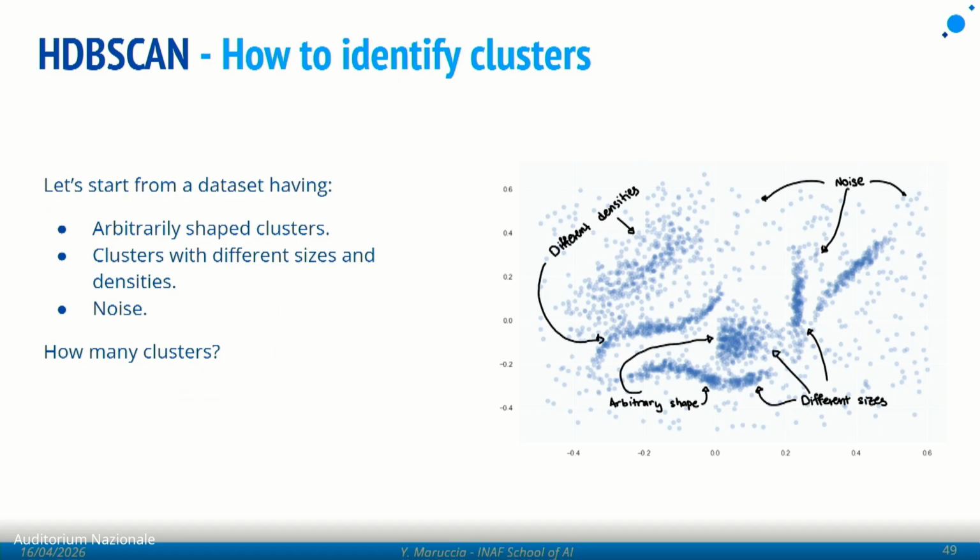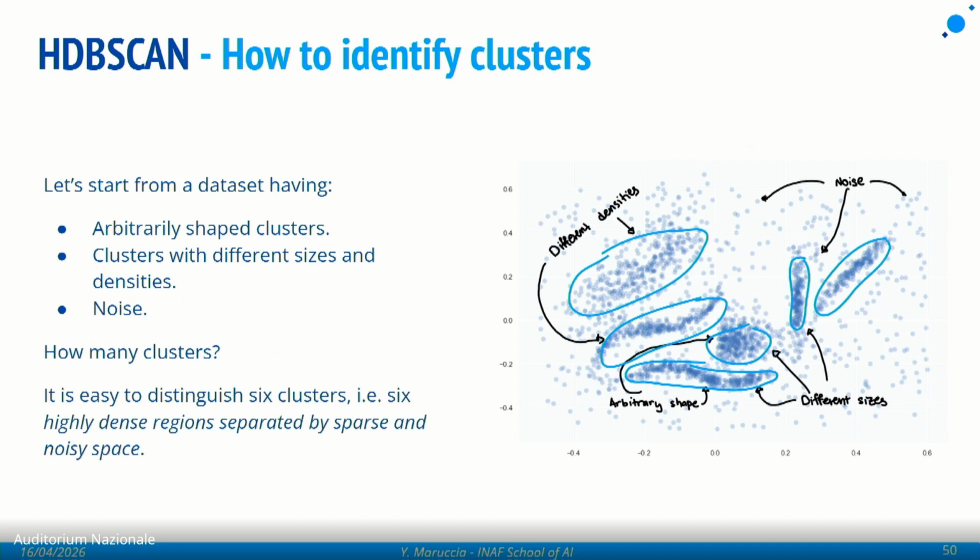How many clusters do we see? I don't know if I choose 6. Okay, see? There are 6, it is easy to distinguish 6 clusters. And how can we define these clusters?